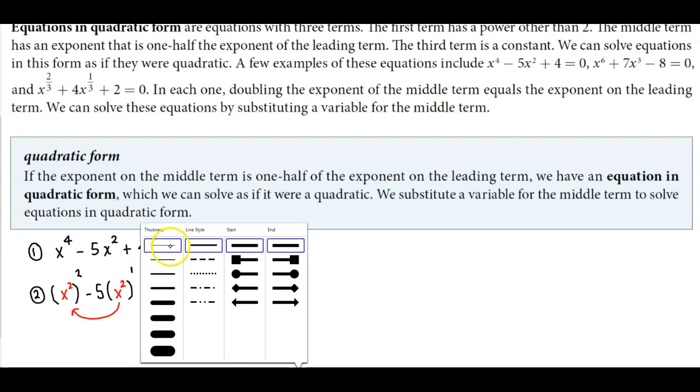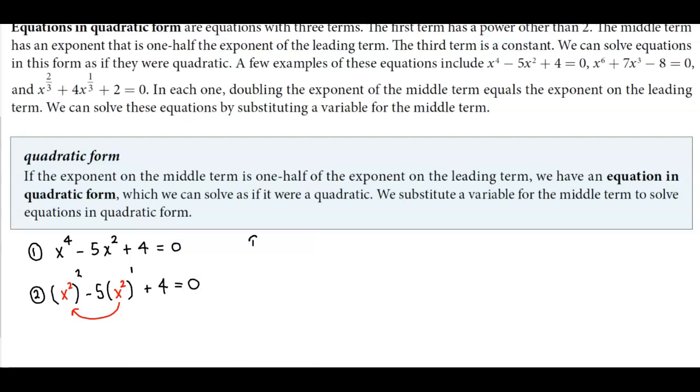Let's look at the next one. We have x to the 6th plus 7x cubed minus 8, which is equal to 0. And again, we want to write this in quadratic form.